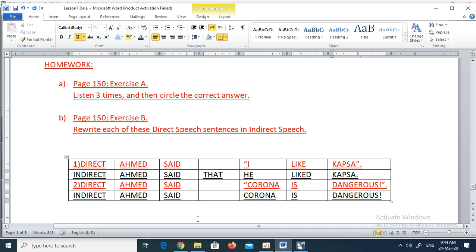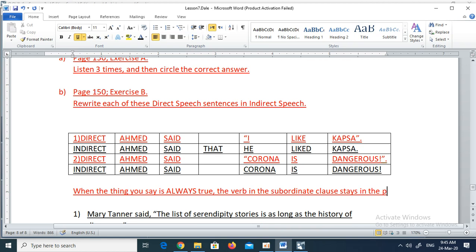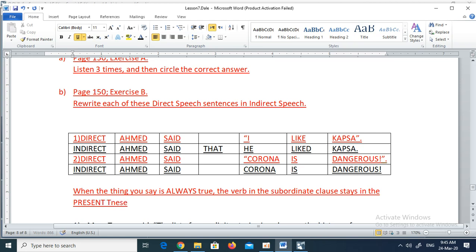Now, this verb said is in the past tense, but we keep the verb here in the present tense because when the thing you say is always true, the verb in the subordinate clause stays in the present tense.